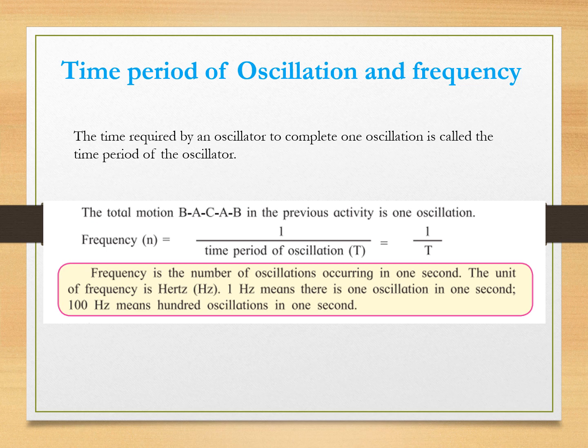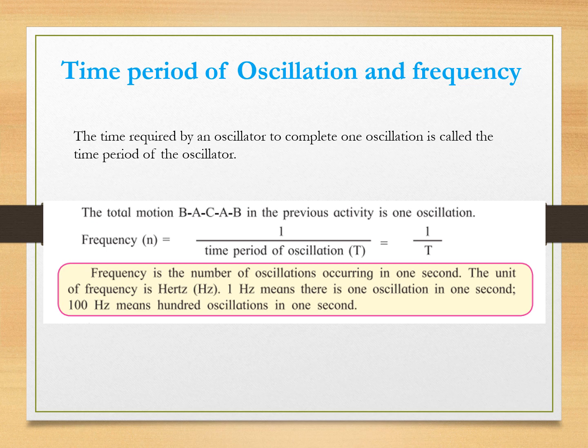Okay, figure 18.2 is there. In that last one, the pendulum one we just discussed, you have to see that figure. The total motion B to A to C, C to A and A to B in the previous activity, that only is called one oscillation.